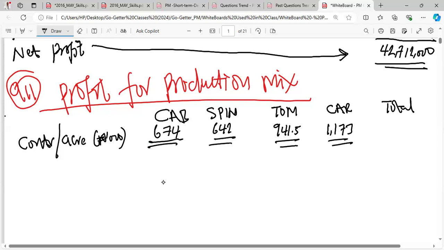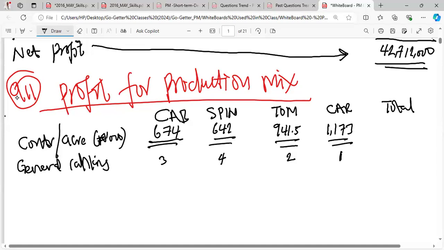Normally, this one ranks number 1. This one ranks number 2. This one ranks number 3. And this one ranks number 4. So I'll come here, general ranking. So this is our general ranking.